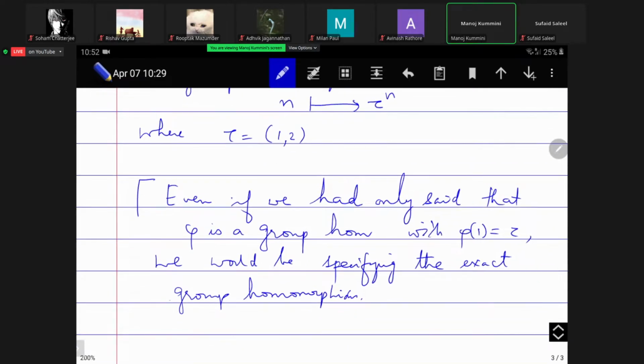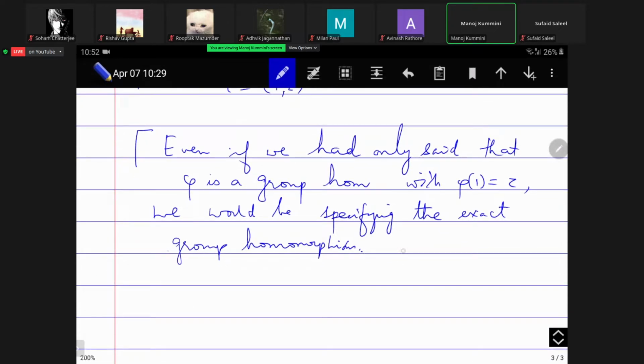That is because Z is a cyclic group and everything is a multiple of 1. Because 0 goes to 0 is part of the group homomorphism data. And if 1 goes to tau, 2 must go to tau square and 3 must go to tau cube and so on.